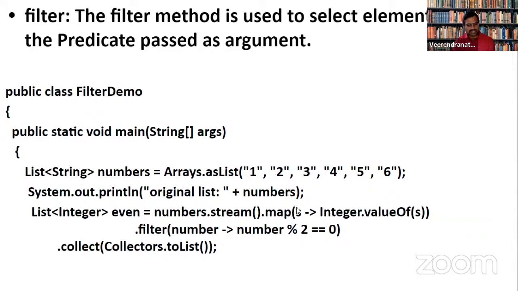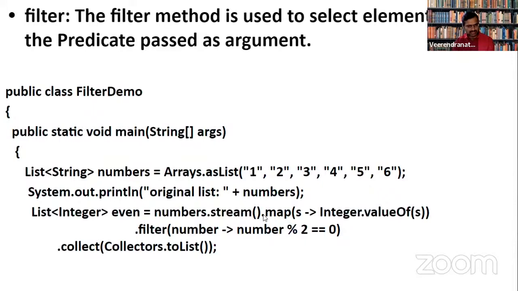So I'm taking each element, and I'm using a map also, because we already learned map. What was map doing? Map was taking each element from the collection and working on a functionality. So here it is the same thing. It takes each element from the stream. What is stream?